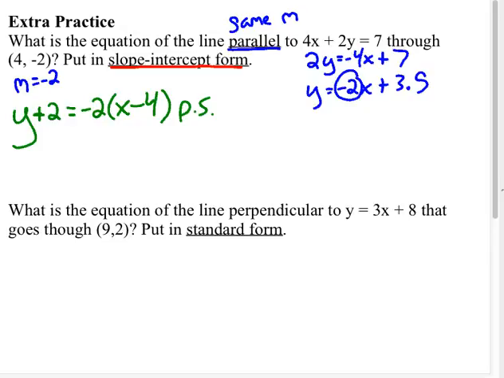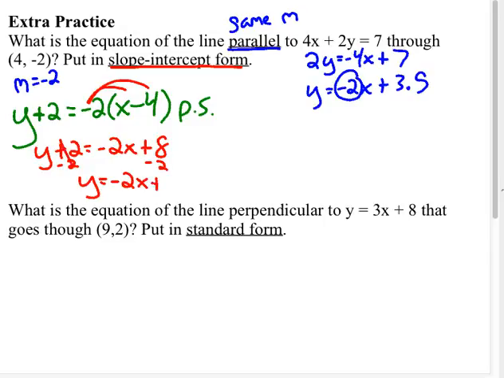Slope intercept means solve for y. So I'm going to distribute that -2 and subtract that 2. And that is in slope intercept form. So that's going to be the end of my problem.